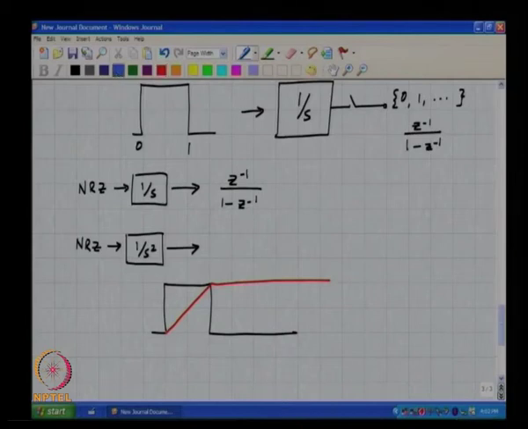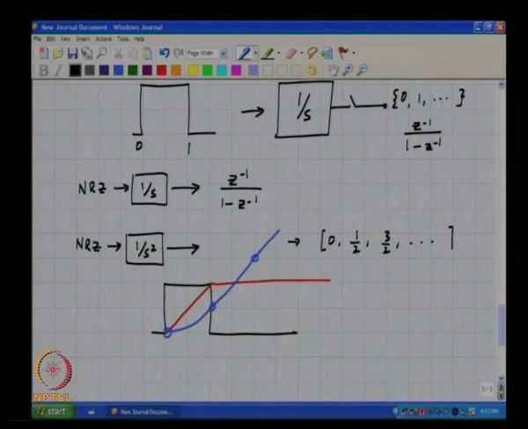You get a parabola and then you get a straight line. Okay. So, the samples of this animal are 0, half, 3 by 2 and so on. Okay, we continue with this in the next class.